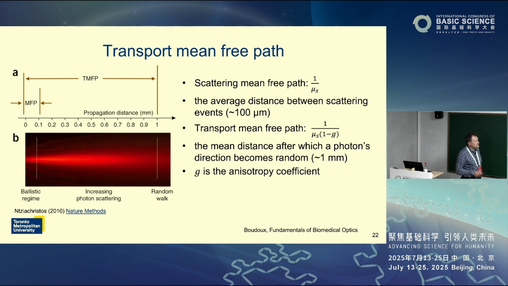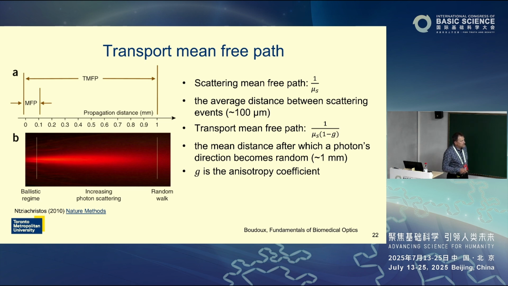As you can see, instead of mu s, which is the scattering coefficient, it contains mu s times (1 minus g), where g is the mean cosine of the scattering angles, also called the anisotropy coefficient.